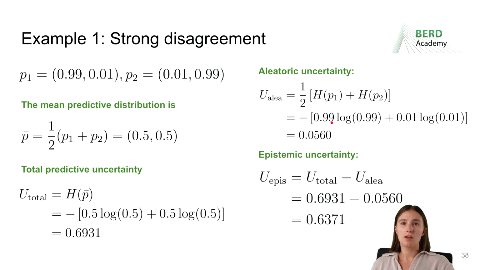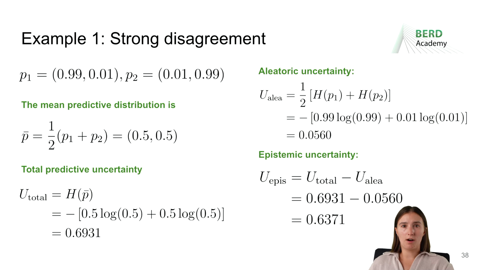And again, it's probability times log probability for all the classes. So this is for the first class, plus probability times log probability for the second class. Don't forget your minus sign in the front, and we will get a total aleatoric uncertainty of 0.05.